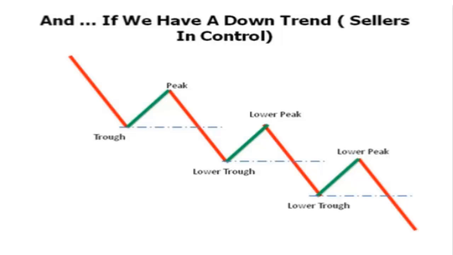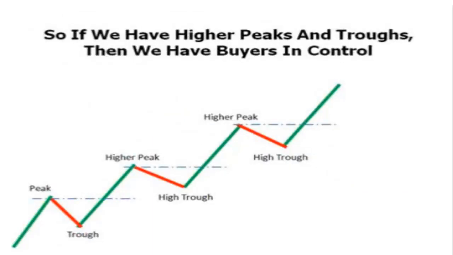If the market is stepping lower and we have lower peaks and lower troughs, then we are looking at the sellers being in control, and therefore the highest probability entries would be looking to benefit from shorting the market, or having strategies that benefit from the market moving down.